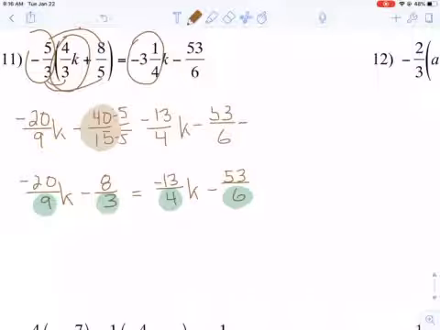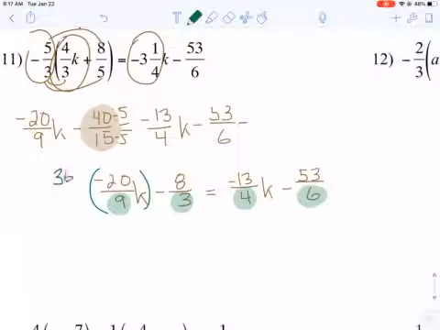So a common denominator between 9, 3, 4, and 6, a couple ways I could get there. I could just multiply everything out here, get a huge number. Or, I could find the lowest common multiple. Either way, I know it's going to be 36. So I'm going to multiply everything by 36.